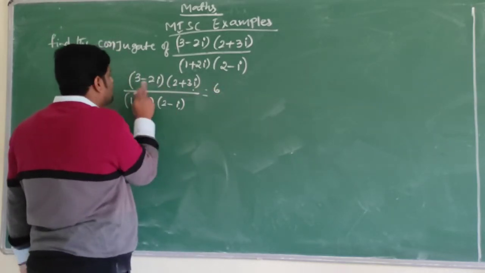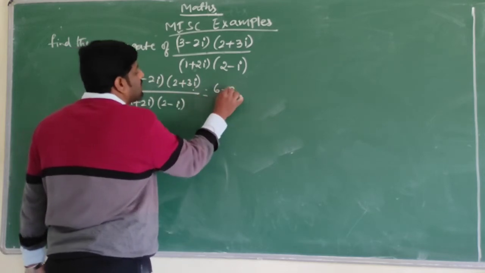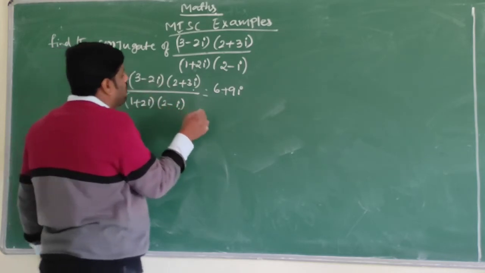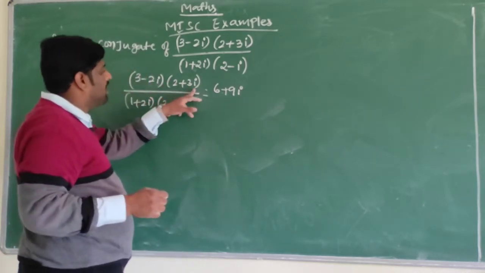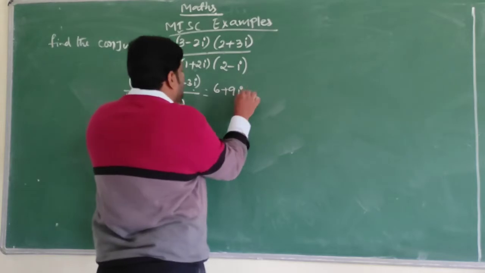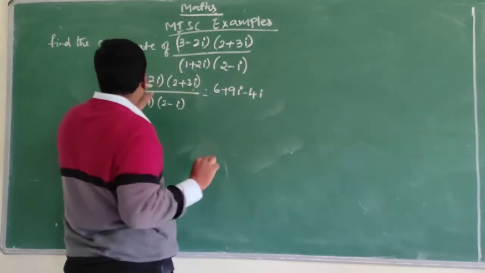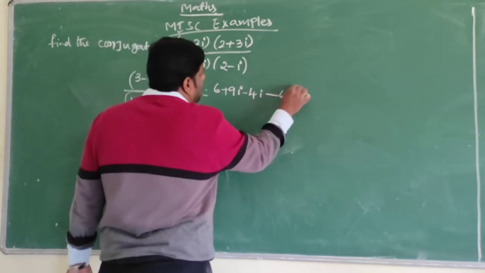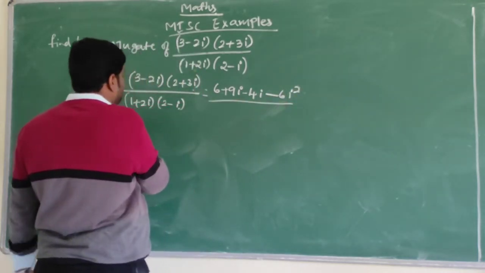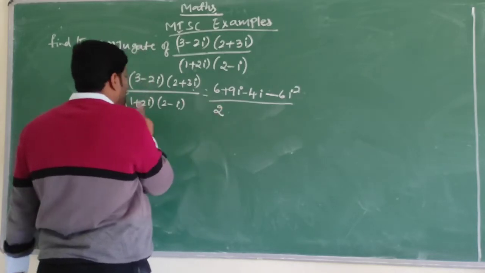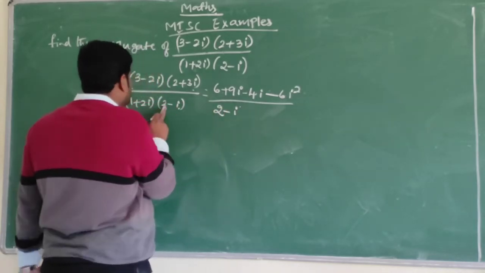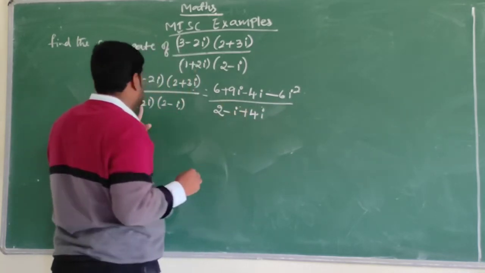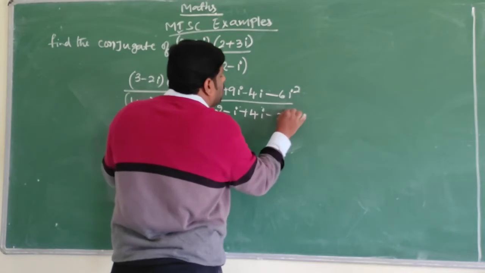So 3 2s are 6, 3 3s are 9i, and again 2 2s are 4, minus 2 3s are 6i squared, divided by 1 2s are 2, 1 into i is i, 2 2s are 4 minus 4i... that is 2 into 1, that is minus 2i squared.